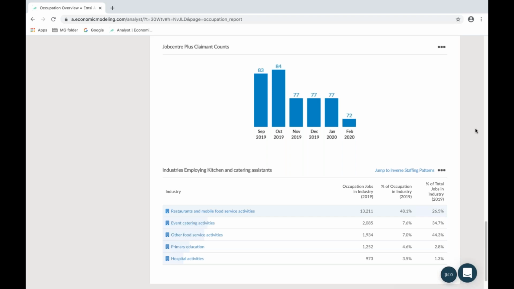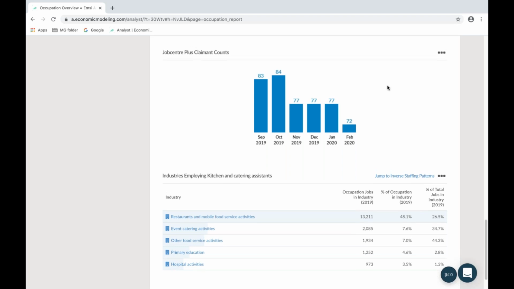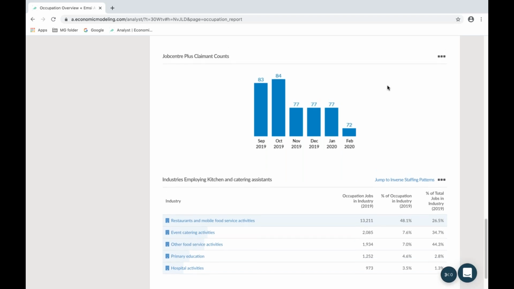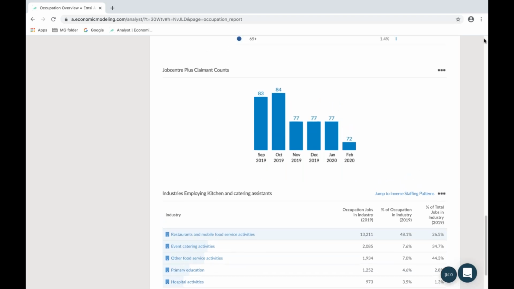And then finally at the bottom you can see which industries are employing kitchen and catering assistants: obviously restaurants, other catering services and so on, but then you've got primary education and hospital activities as well. Some of those are more likely to be secure. I'd imagine primary education and hospital activities are probably to some extent in a safer place than restaurants.